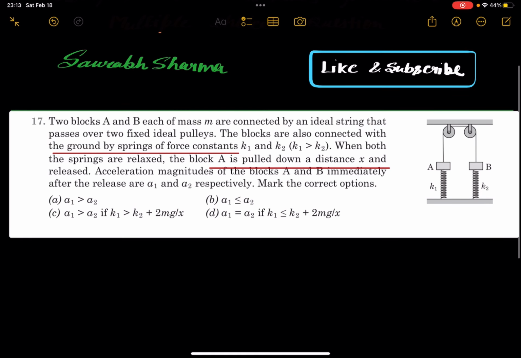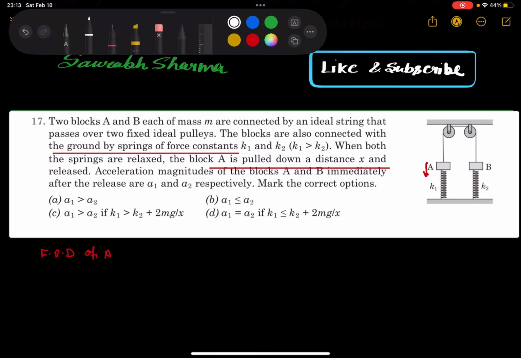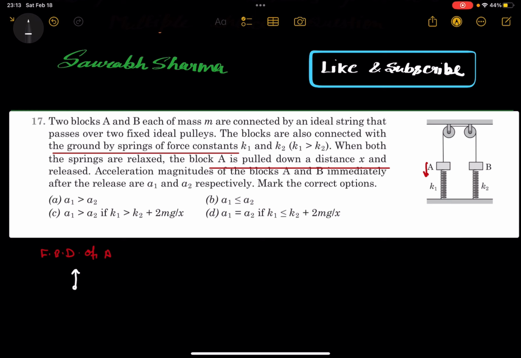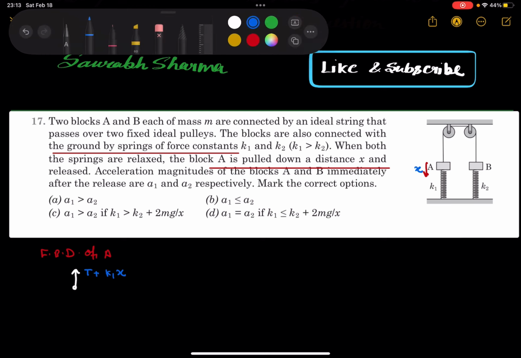If block A goes down, then K1 is compressed and K2 is extended. Drawing the free body diagram of A, one force is acting downward and the upward forces are T and, because of the compression in the spring, K1x, where x is the extension in the spring. mg is acting downward.